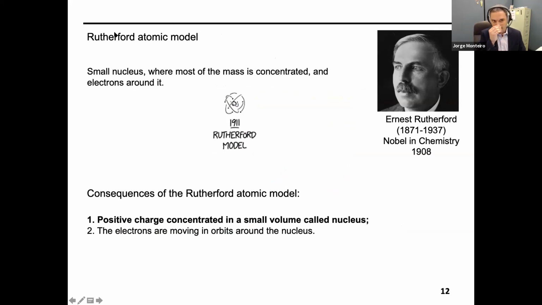Rutherford was a student in Thomson's research group, and he was able to come up with a better atomic model. For Rutherford, now we have a small nucleus where most of the mass is concentrated and electrons are moving around the nucleus.